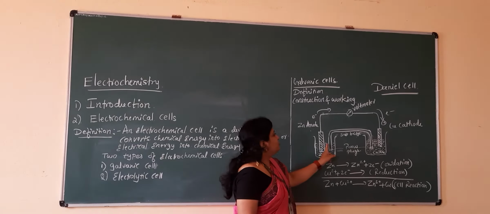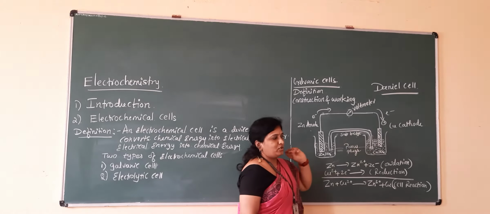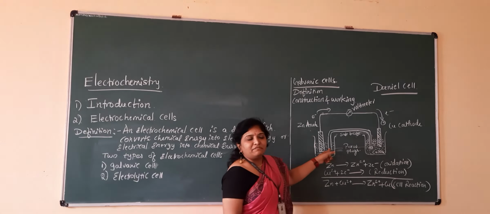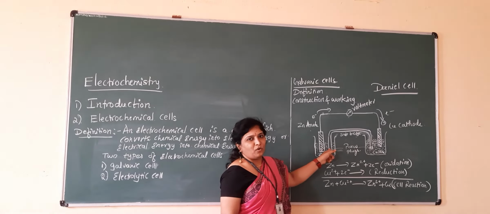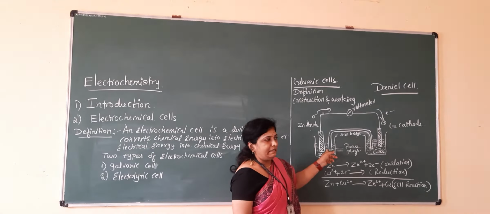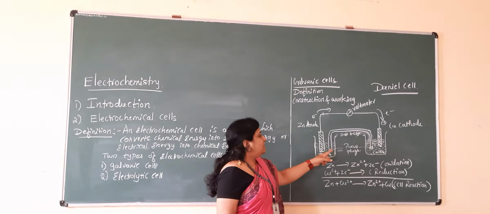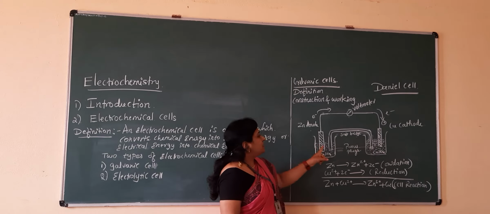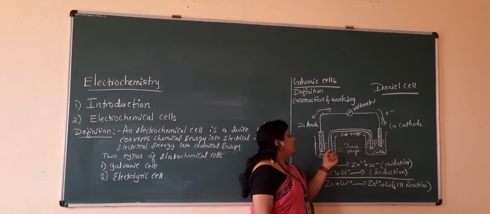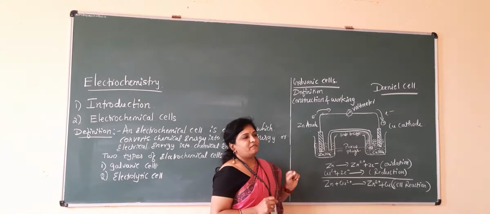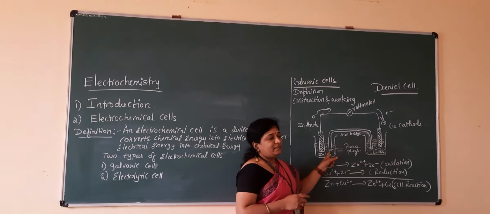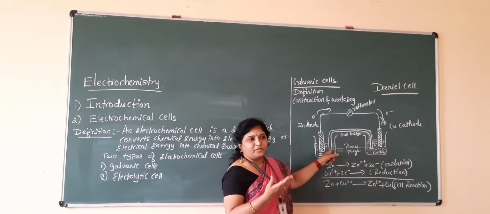A salt bridge is a U-shaped tube in which we have taken a saturated solution of ammonium nitrate or a saturated solution of KCl, a jelly-like material. Both the openings can be plugged with porous materials like cotton, so that it will be available for the movement of ions.